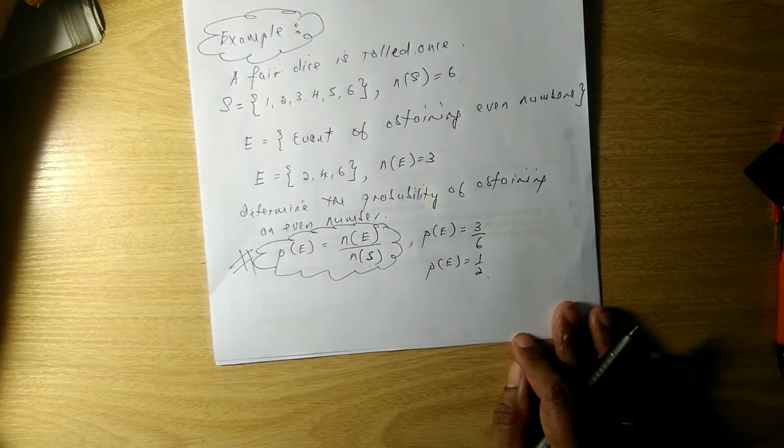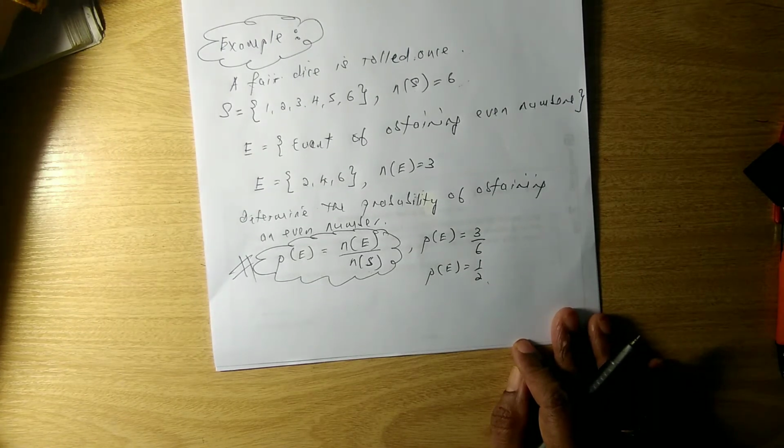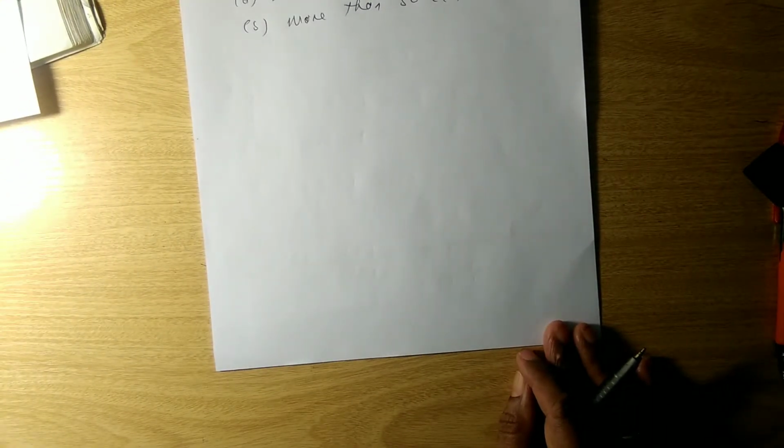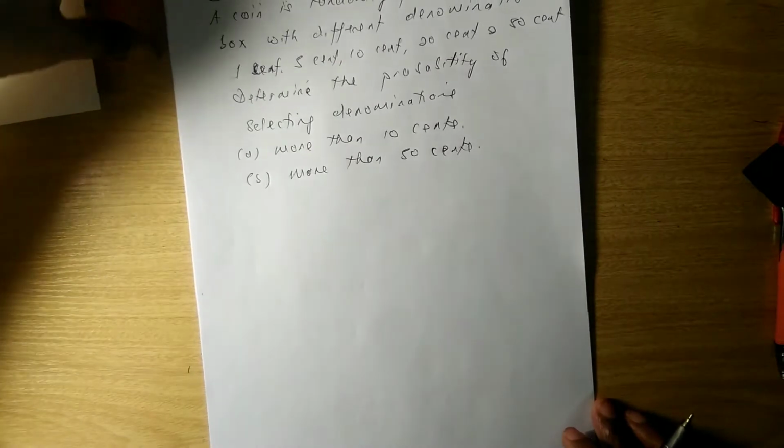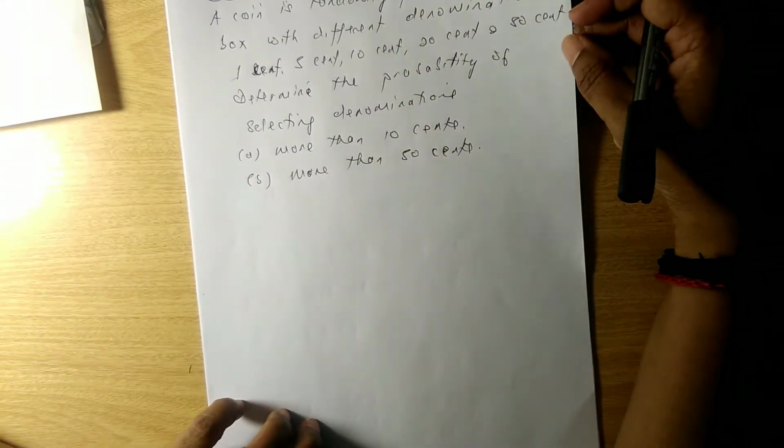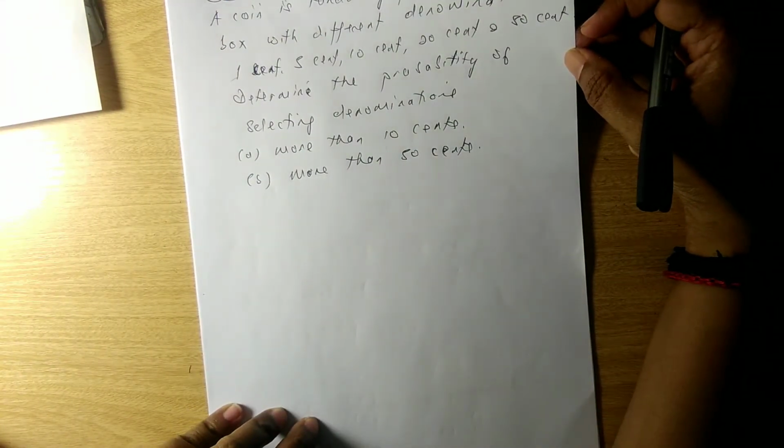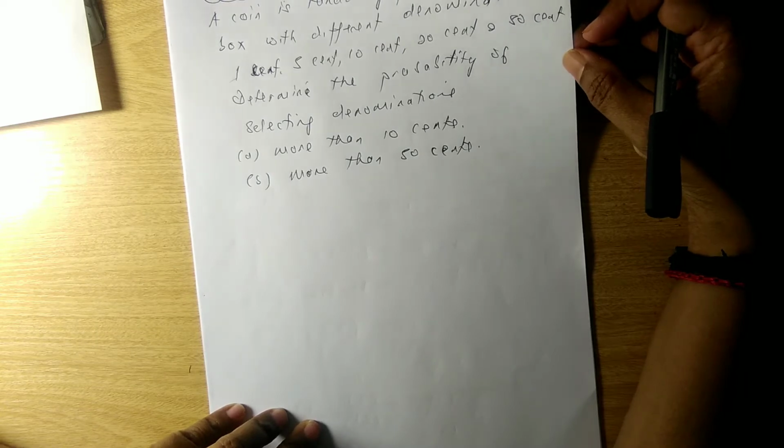Next we move on to one more example. Now let's say a coin is randomly picked from a box, with different denominations. So I've got 1, 5, 10, 20, and 50 cents.